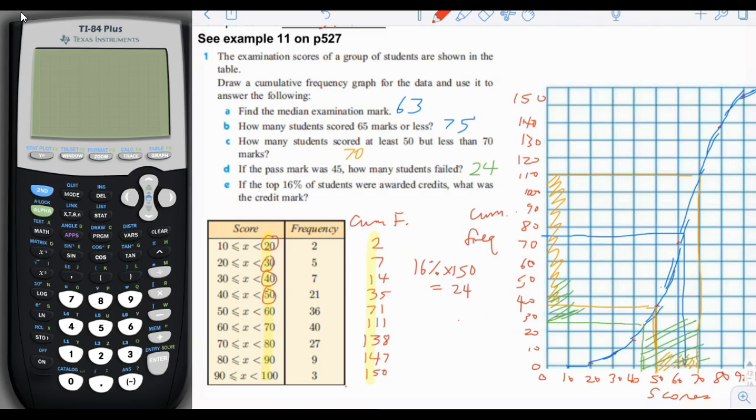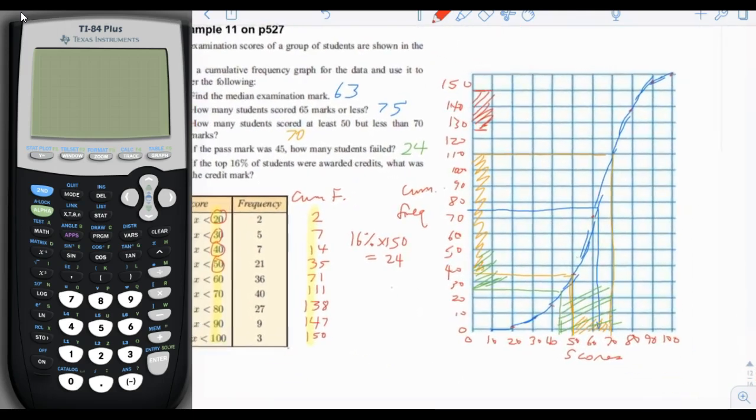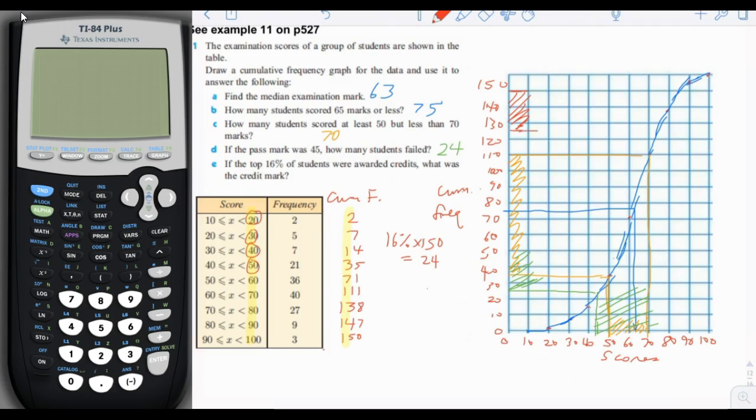The top 24 students would correspond to from here to about here. So these students here who got the highest scores got credit. What was the credit mark that they needed to attain to get credit? That would be about here, which is about 75. Okay? So we'll put 75.